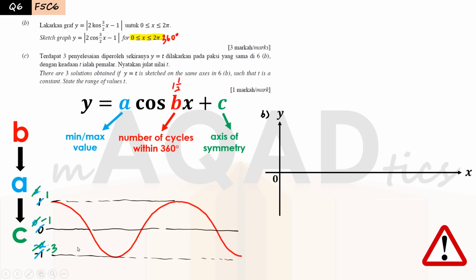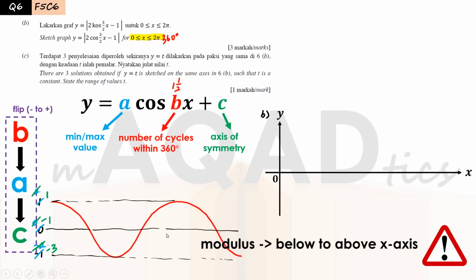Alright? And there's another thing that we haven't dealt with, which is this modulus. Why haven't we dealt with this yet? Because the values of A, B, and C are all inside the modulus. So we deal with all of the things inside the modulus first, then only deal with it. So how we deal with the modulus is we move the parts which are below the x-axis to be above the x-axis.